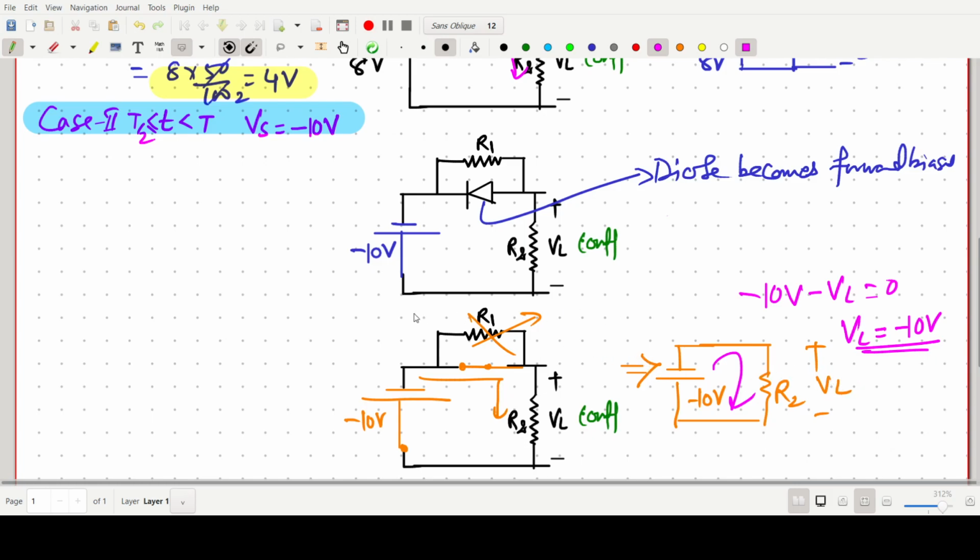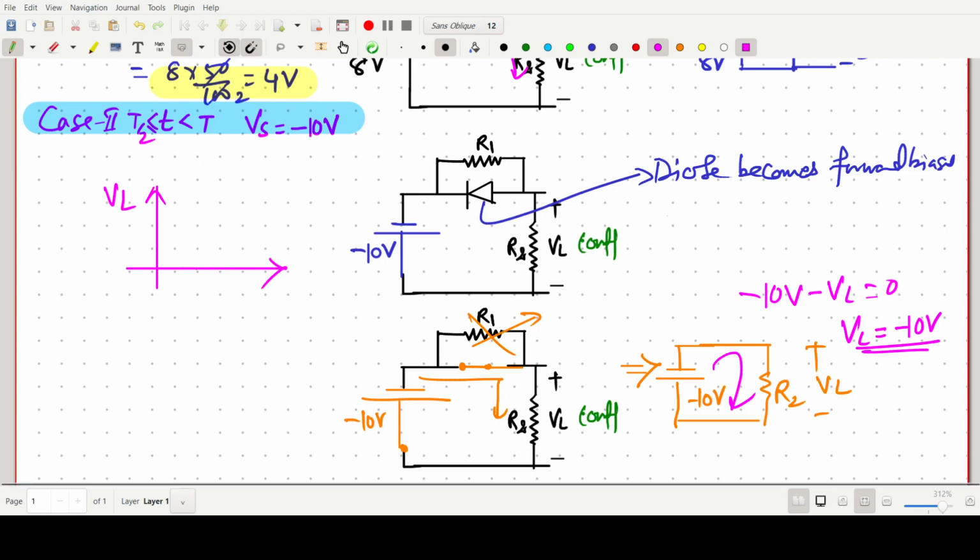So in that way we can say the output response VL in between T by 2 to T, its value will be around minus 10 volt. So in between T by 2 to T, minus 10 volt.